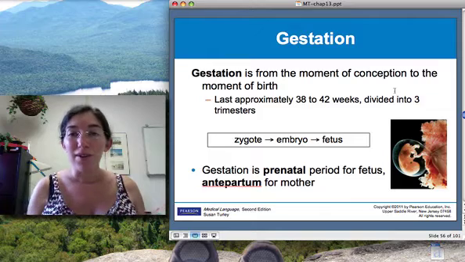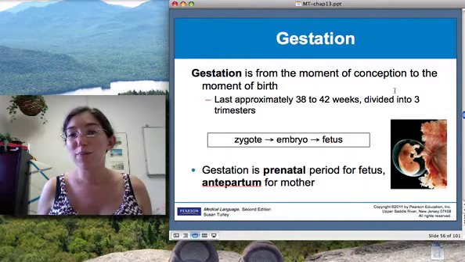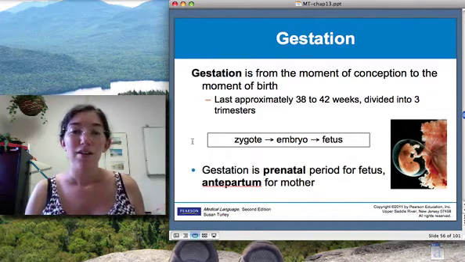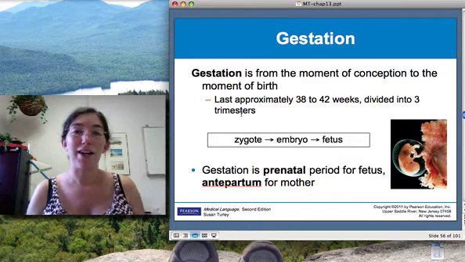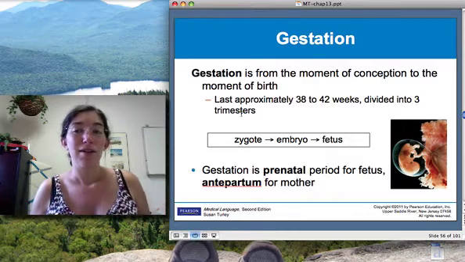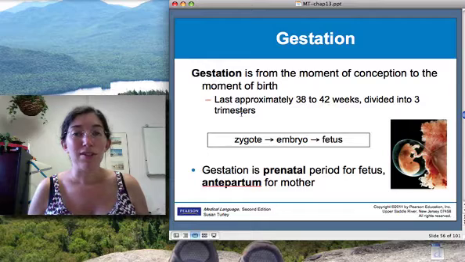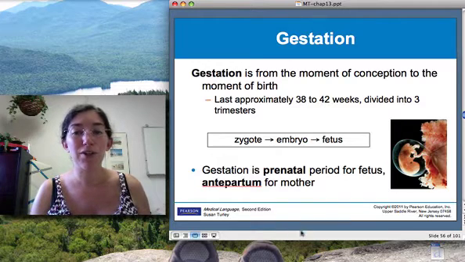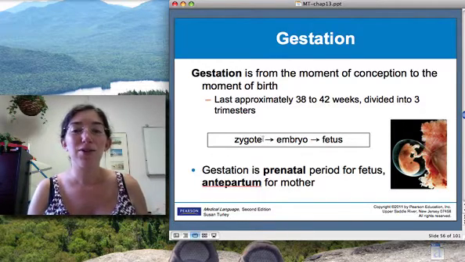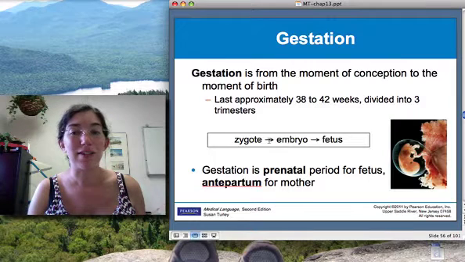During that time, the fetus goes by a couple of different names as well. Initially, a fertilized egg is referred to as a zygote. And then after it starts dividing, I guess it technically goes through a couple of other stages like the blastocyst. And then it becomes the embryo.